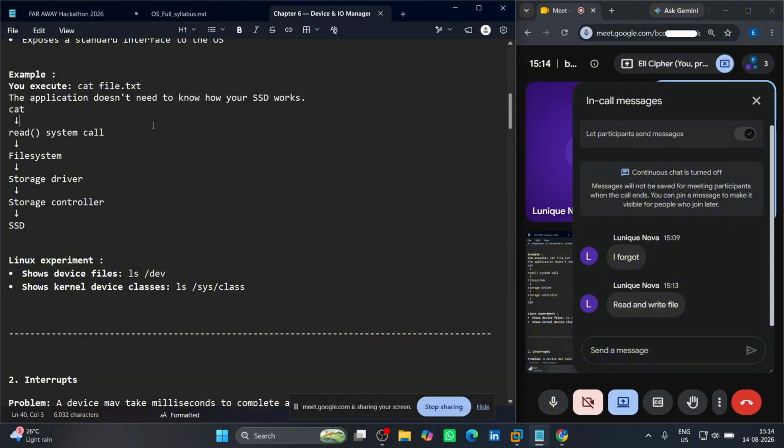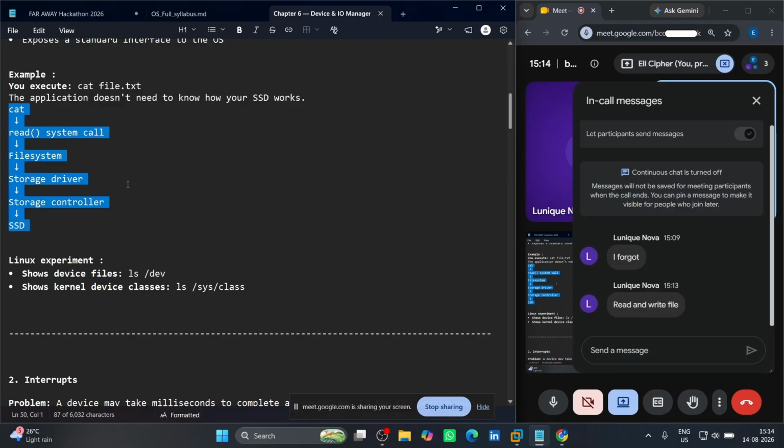Okay, so when we execute cat file.txt, the application doesn't need to know how your SSD works. The cat will transfer the read command here, right? A read system call, and this read system call gets executed at the file system, storage driver, and then it will move to the storage controller and then the SSD, right?